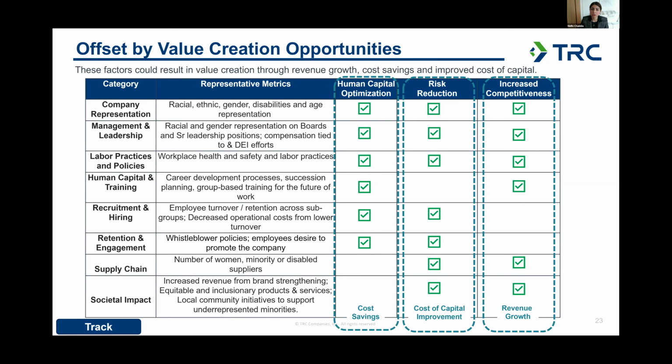And what this table shows you is that many of these levers, when we look at the actual KPIs across various social factors, could have a multiple impact on thinking through what that optimization of human capital could be, how these factors could reduce risk, and could they actually also improve revenue growth over the long term. So it's important to consider all these factors from the lens of value creation as well.